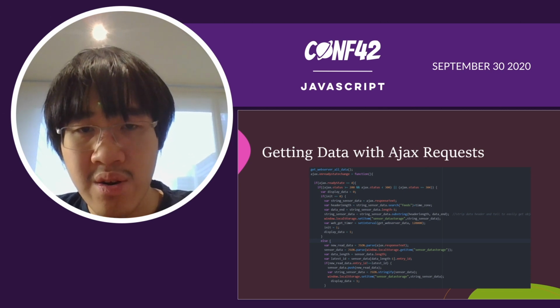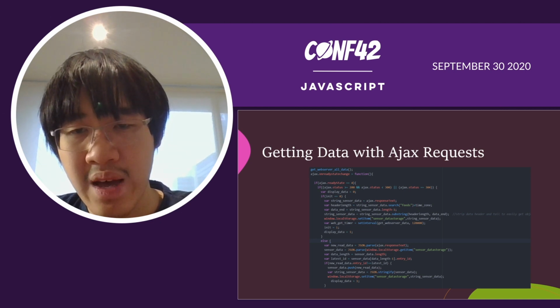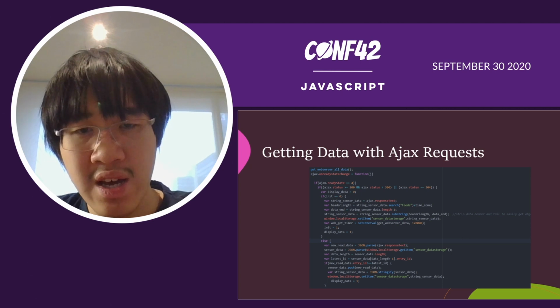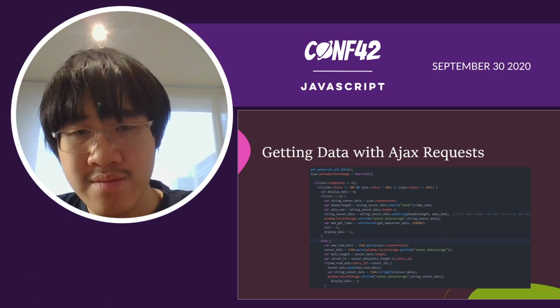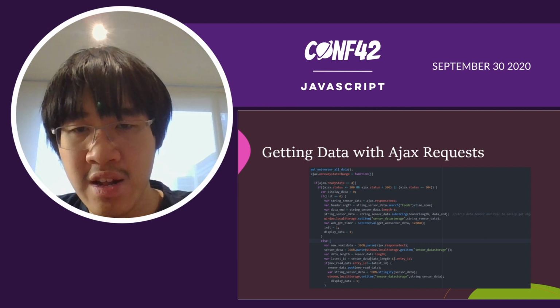From there, we continue by using window.localStorage to set the particular item as the sensor data storage, and go on to declare another web get timer function to set an interval.